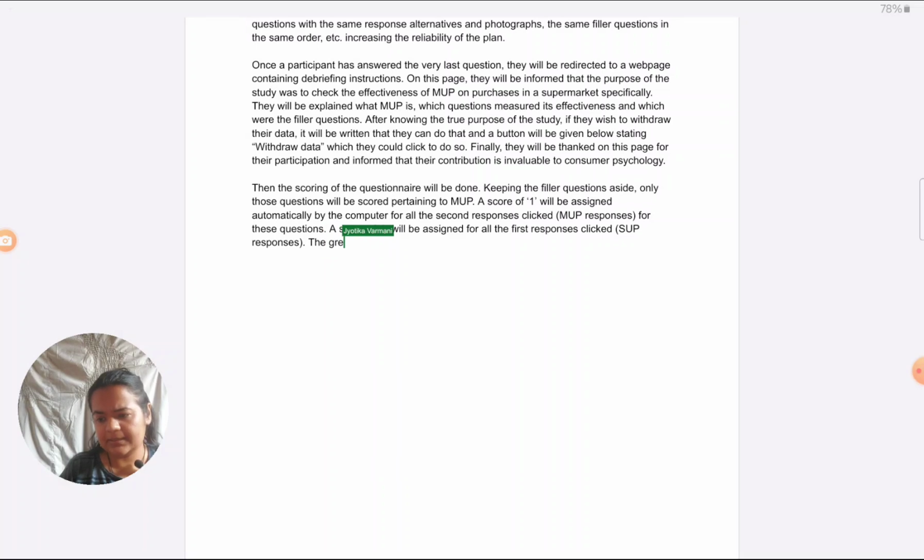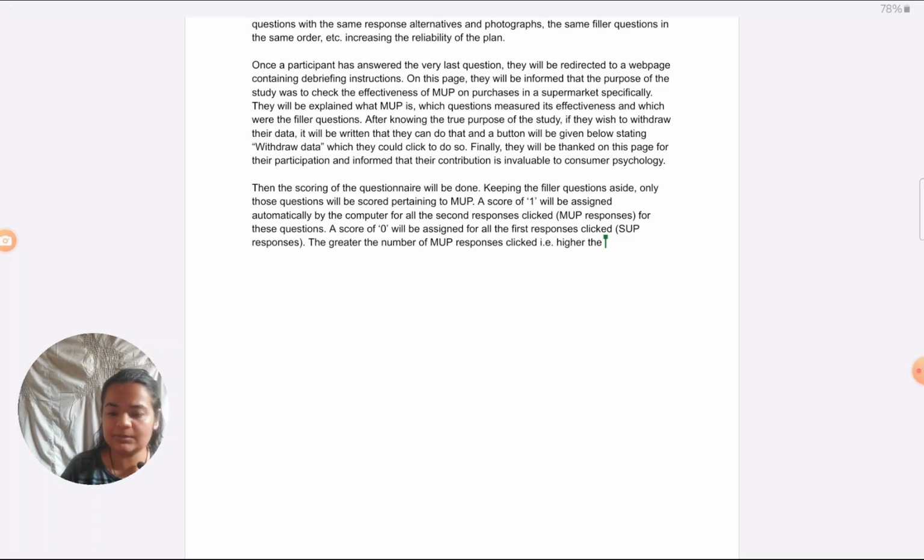The greater the number of MUP responses collected, that is, the higher the score of a participant, because they are getting a score of 1 only for MUP. For SUP, they are getting 0.